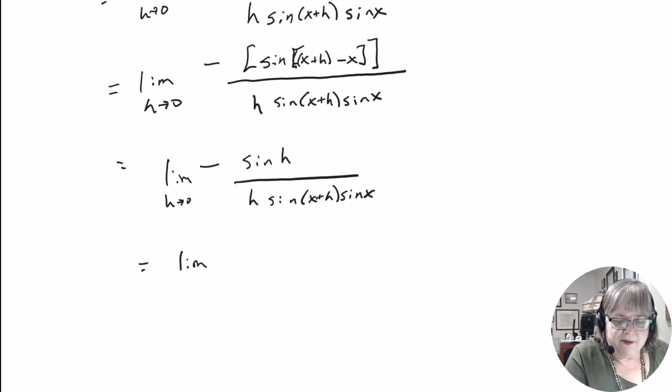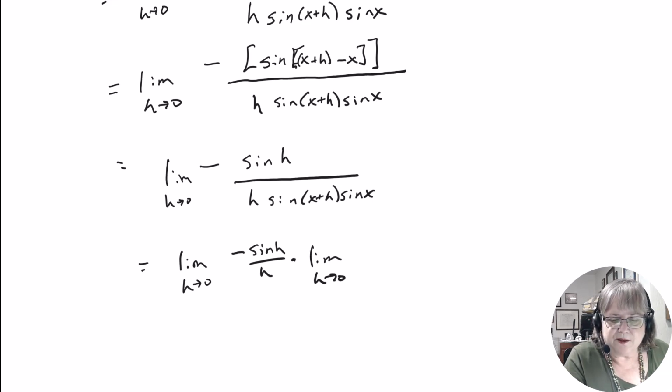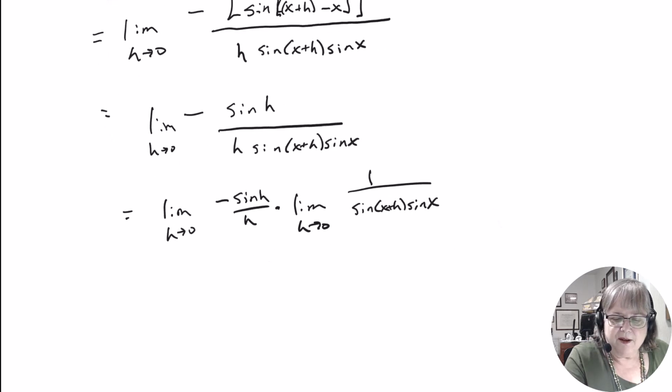So I have negative sine h over h times the limit as h goes to 0 of 1 over sine x plus h sine x. So this is going to go to negative 1 because I had a negative.